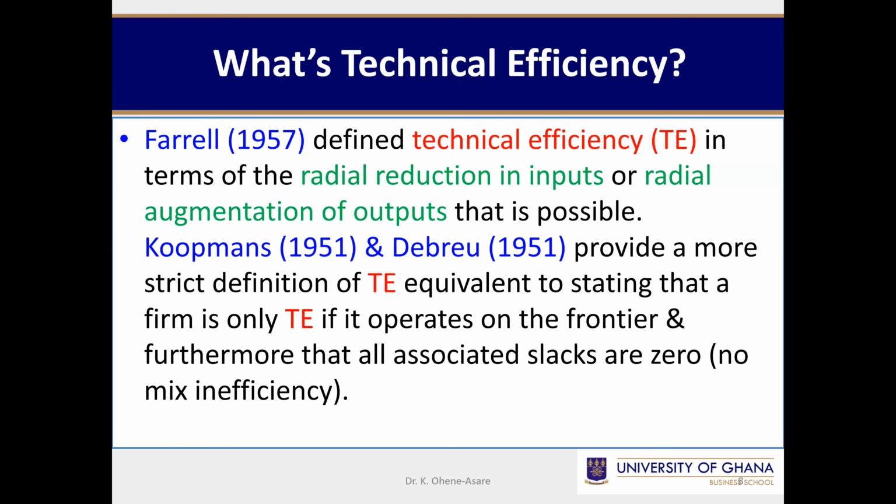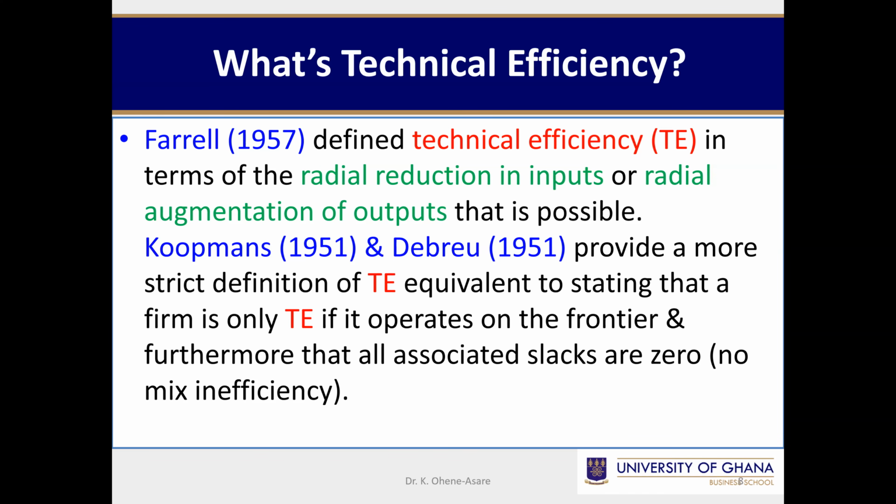So Koopmans and Debreu went further. Their definition of efficiency is deeper. They looked at the strict definition of technical efficiency, and they said that technical efficiency is when the firm is strongly efficient. Farrell efficiency is said to be weakly efficient.